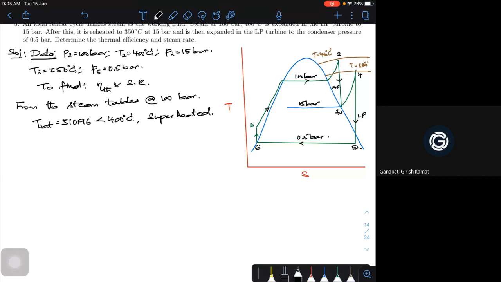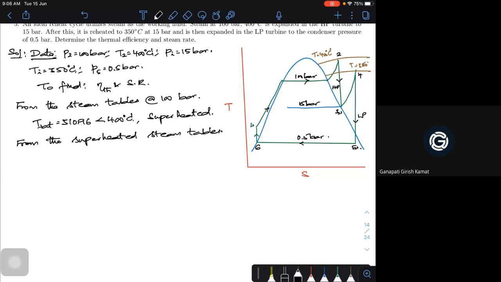Now the condition of the steam at point 2 is superheated. Now go to superheated tables. From the superheated steam tables, I have to check for enthalpies.